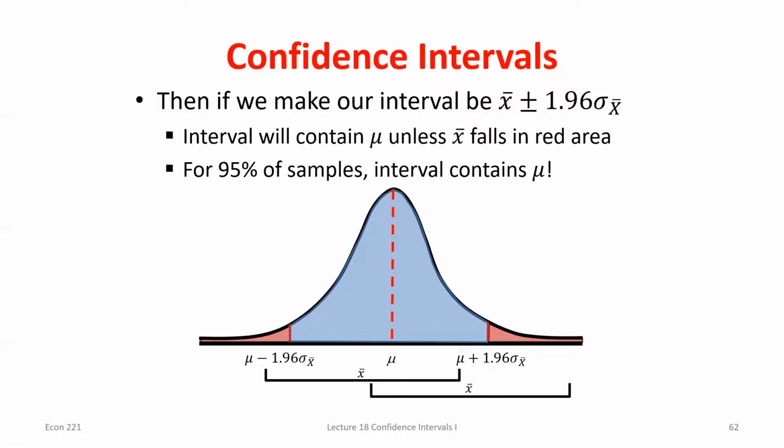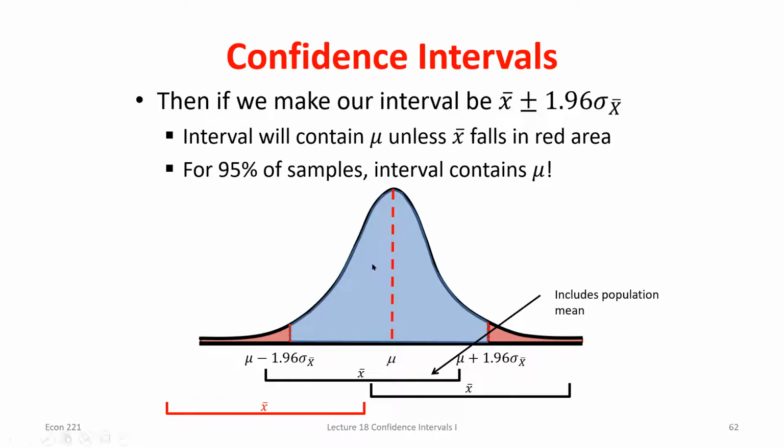And if I had another mean somewhere over here, and it's less than 1.96 standard deviations away, when I go back 1.96 standard deviations below it, it'll extend past that population mean. So any sample mean in this blue area, when we build our confidence interval around it, would include that true population mean.